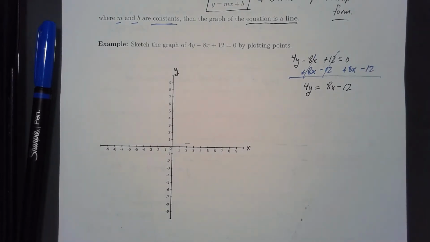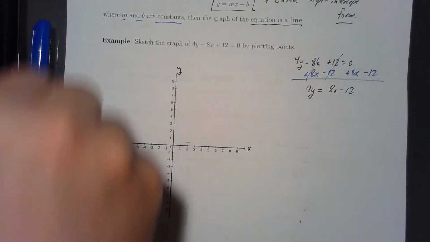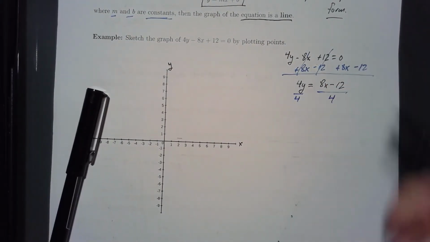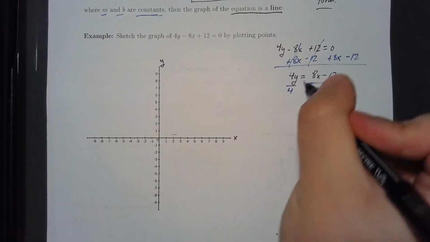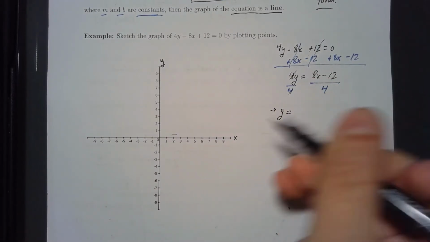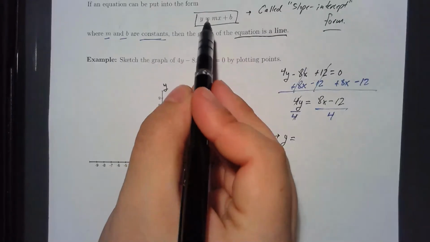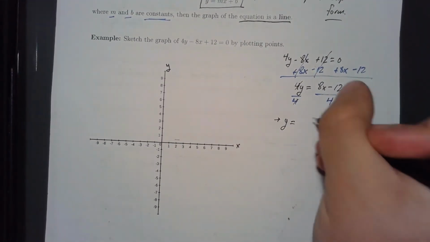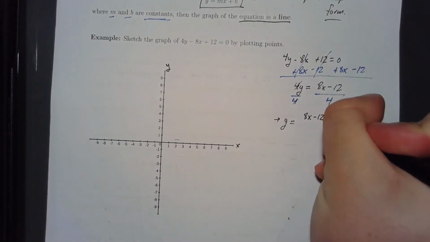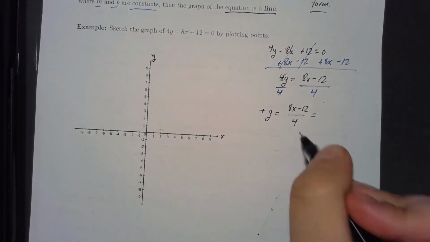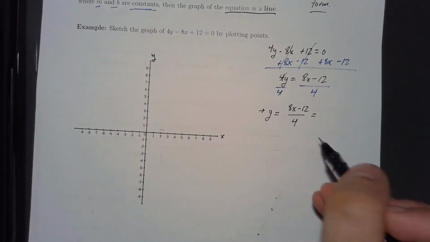Now from here, to get y by itself, you just divide by 4. That'll cancel the 4s out. So I'm left with y equals 8x minus 12 all over 4. Now I could break this up because there's only one thing down here.